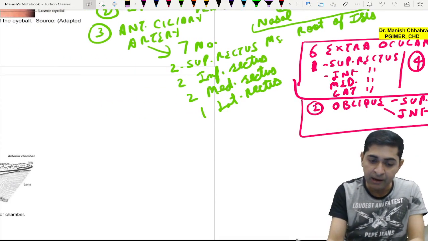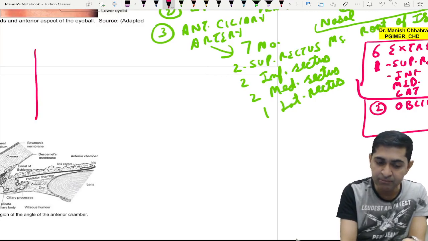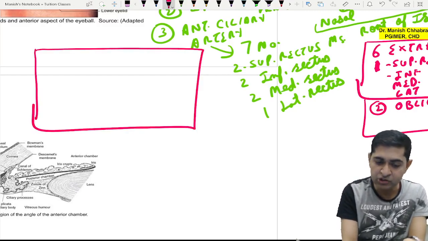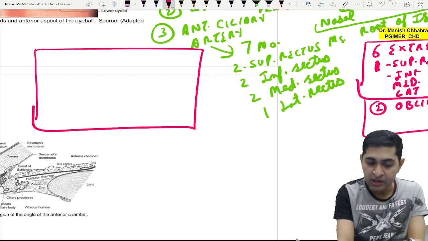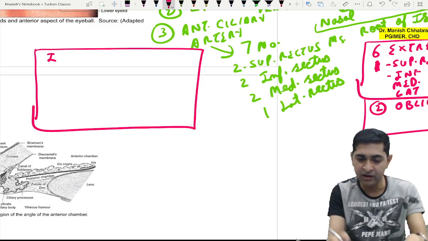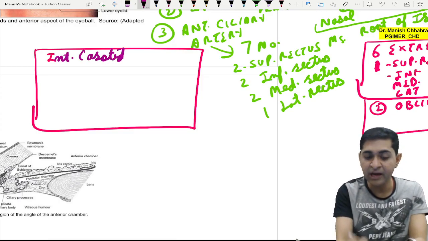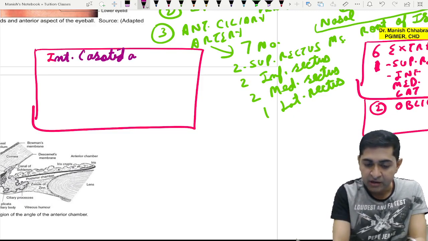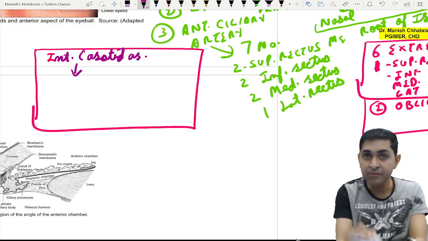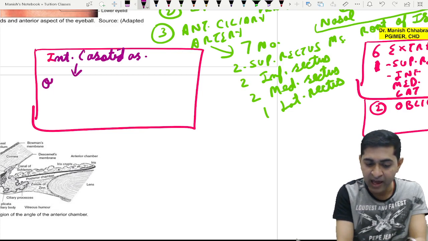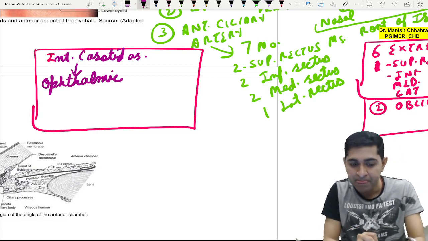Now coming over, just make another box. So which artery was there? Whichever we saw in the video, there was the internal carotid artery, which gave a branch to the ophthalmic artery.